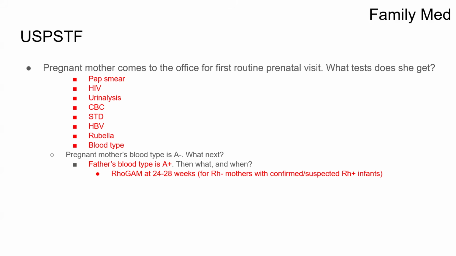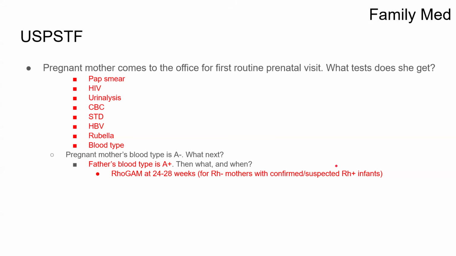Anytime you're suspecting that blood from the baby has transferred over to an Rh negative mom, then you give the RhoGAM. But that usually falls more under the scope of OB/GYN, so not necessarily for family med.